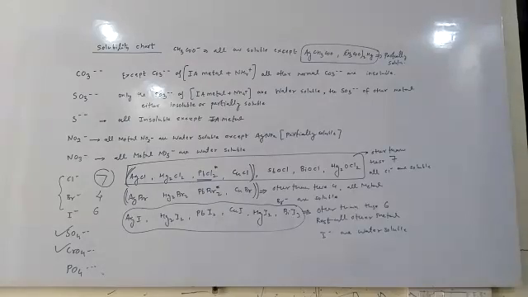Rest all other phosphates are insoluble. For alkaline earth metals, 1 degree phosphate is soluble, 2 degree and 3 degree phosphates are partially soluble, and for all other metals these are insoluble. Understood?